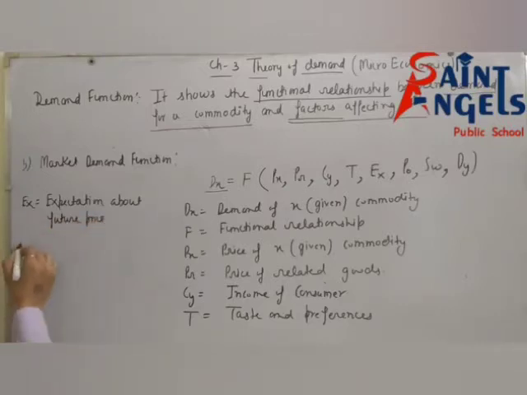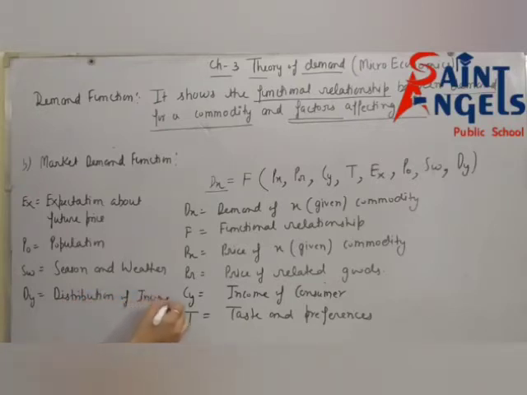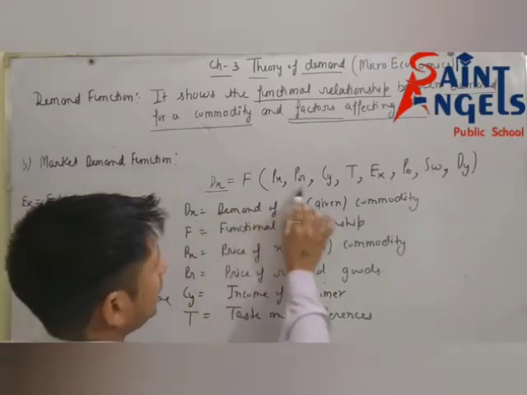Next, PO means population. SW means season and weather. DY means distribution of income. This is the market demand function.